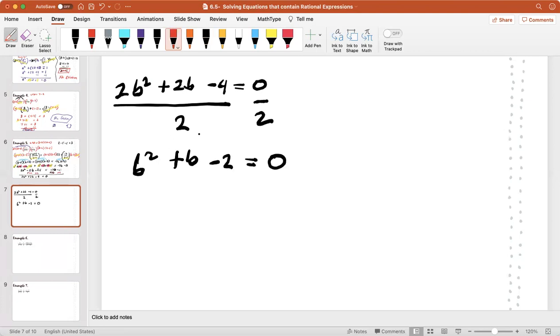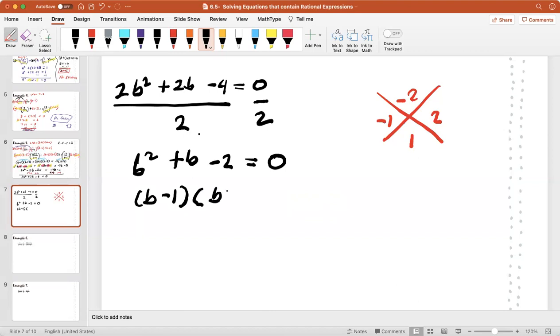Now we can, of course, write the factors by taking your product, negative 2, and your sum, positive 1. So what are your factors? Negative 1, positive 2. So our factors will be b minus 1 and b plus 2 equals 0.